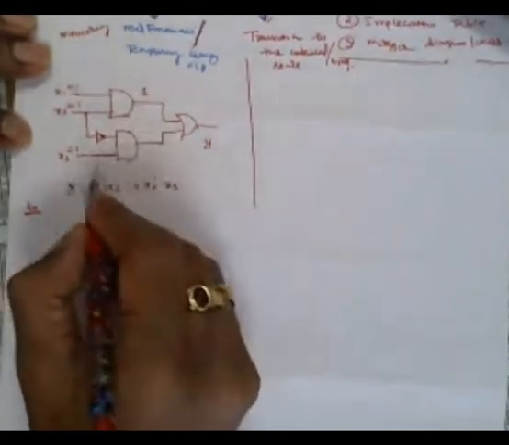Whereas for X3, the 1 will propagate here, and the X2 1 becomes 0 at the output of the NOT gate, so the other AND gate output will be 0. With 0 and 1 going into the OR gate, the output is 1. In this condition the output is 1, and there is no instability in combinational circuits. It functions as per the logical combinations, as per this equation.